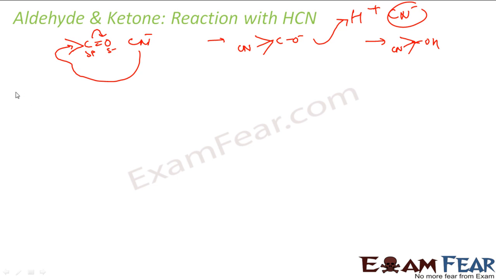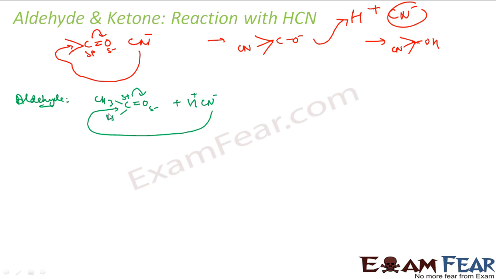So let's see for aldehyde now. Let's suppose I have CH3CHO and react with HCN, H plus and CN minus. This moves in this direction, slightly negative, slightly positive. CN minus will attack this carbon from the back. So what you get is CH3, C, with CN somewhere, H somewhere, and O minus somewhere.